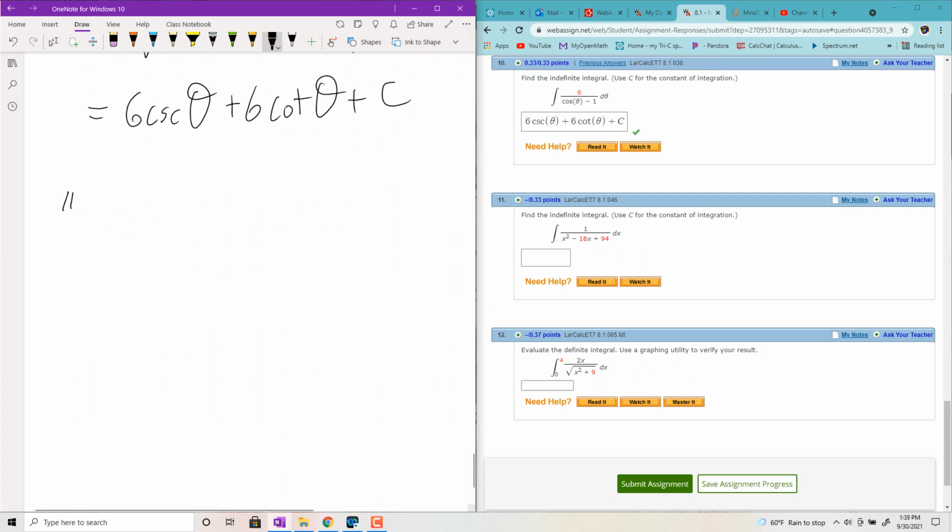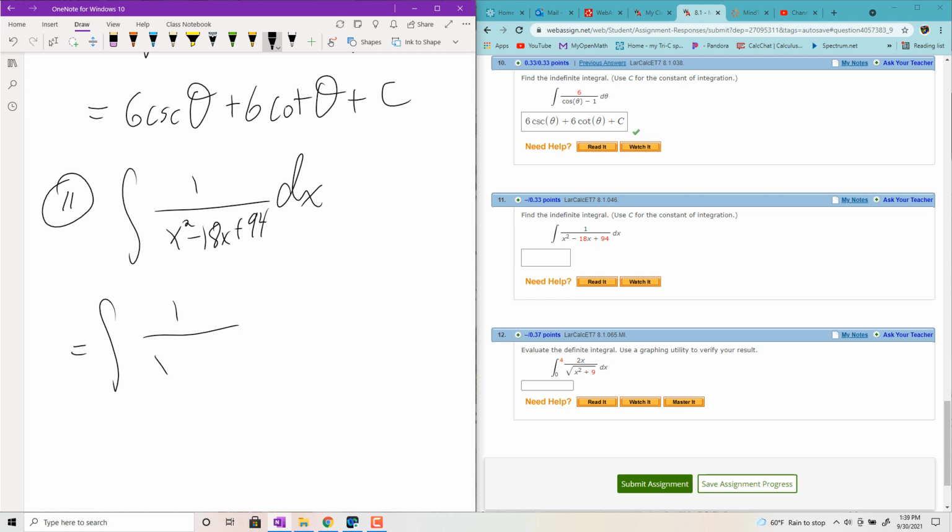I'll go ahead and do negative 1 all over x squared minus 18x plus 94 dx. Looks like it's going to be an inverse tan. So get the integral of 1 all over x squared minus 18x. And then the magic number you add in is b over 2 squared. So b, in this case, is negative 18.